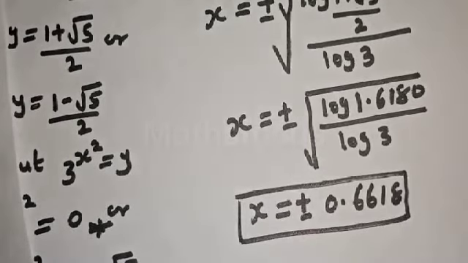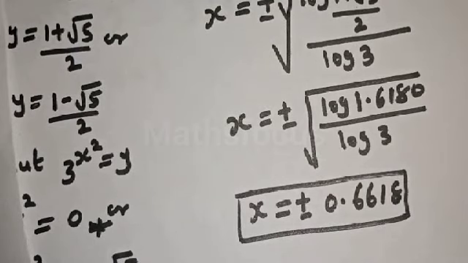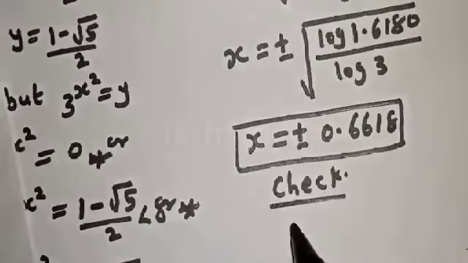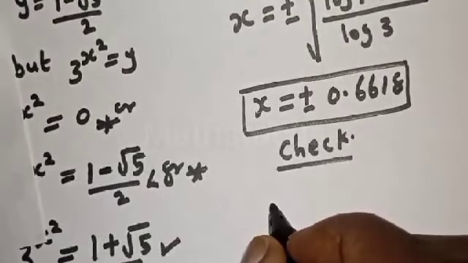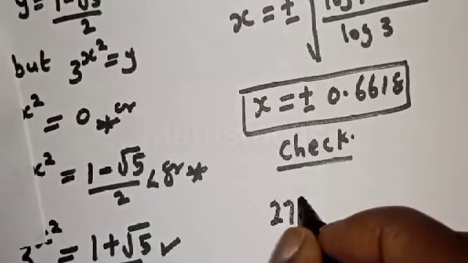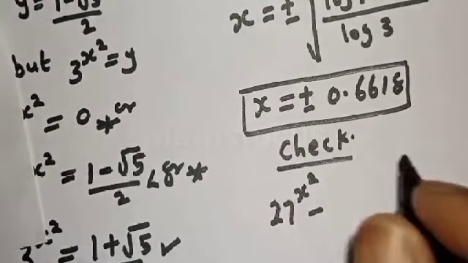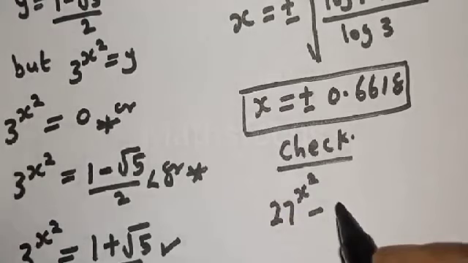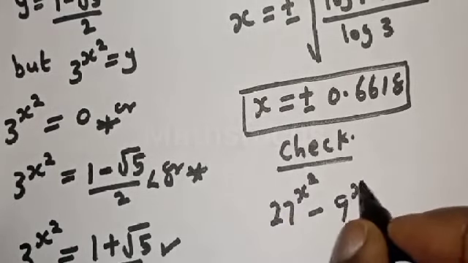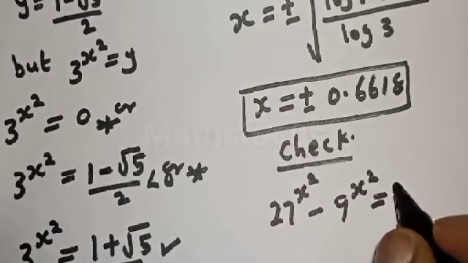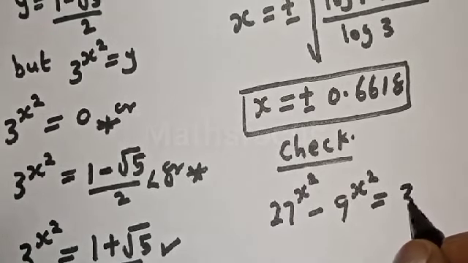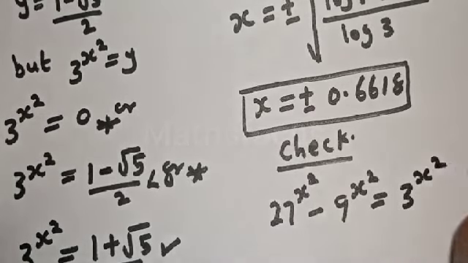We can check to confirm if our answer is right or wrong. Let's check. We have the given equation: 27 raised to the power x² minus 9 raised to the power x² is equal to 3 raised to the power x².